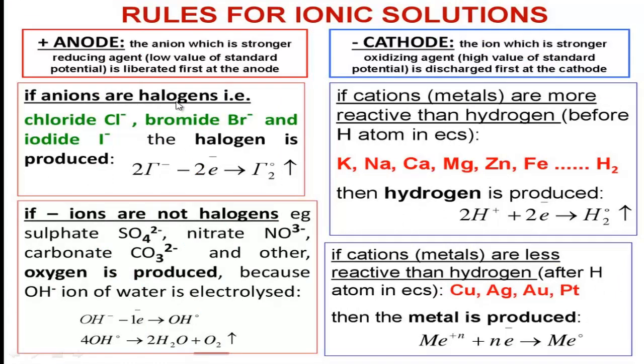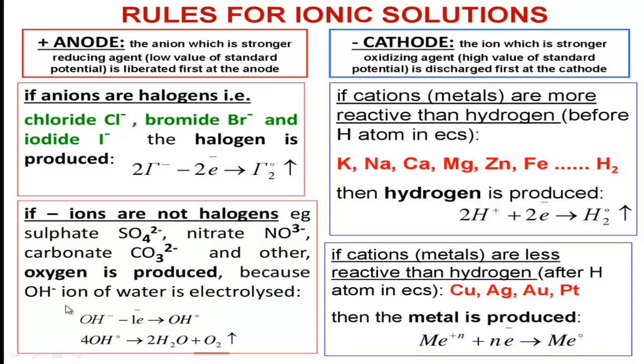If anions are halogens, that means if halogens are present as anions, chloride ion, bromide ion, iodide ion, then the halogens just release electrons and form gas. But if the ions are not halogens, that means different negatively charged ions like sulfate ion, nitrate ion, carbonate ion and others are present, then oxygen is produced. Why?